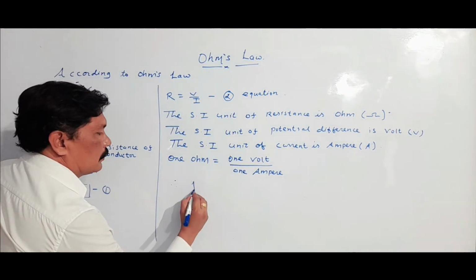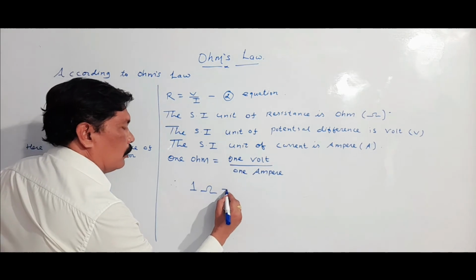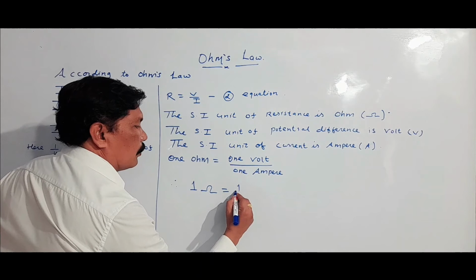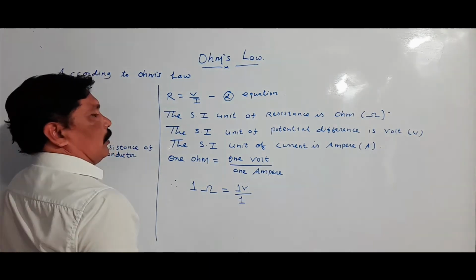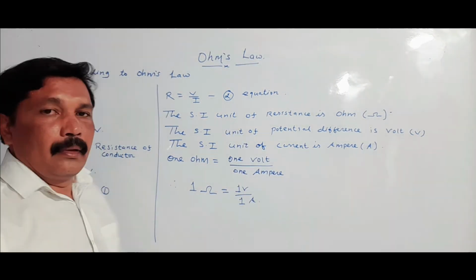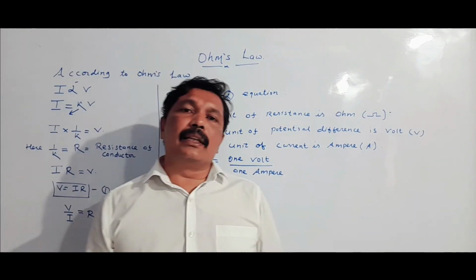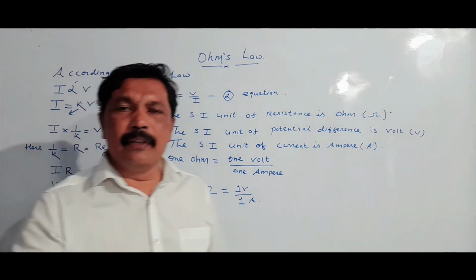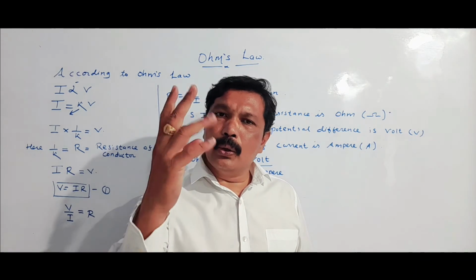That is, 1 ohm is equal to 1 volt upon 1 ampere. My dear student, Ohm's law gives us the relationship between the current flowing through a conductor and the potential difference between its two ends.